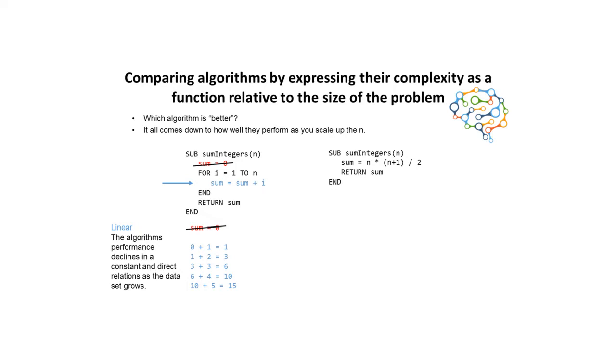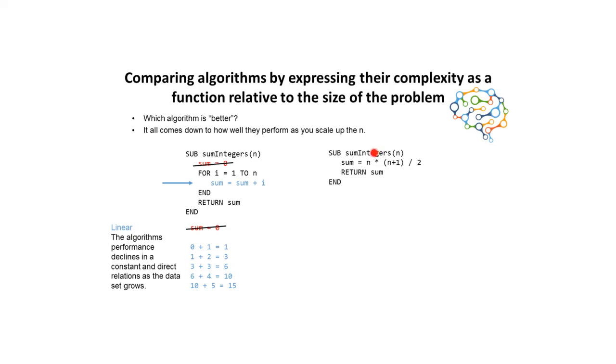We can see, therefore, that this algorithm's performance declines in a constant and direct relationship as the size of the data grows. If n is 10, this will run 10 operations. If n is 1,000, it will run 1,000.